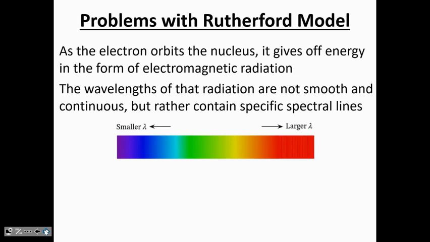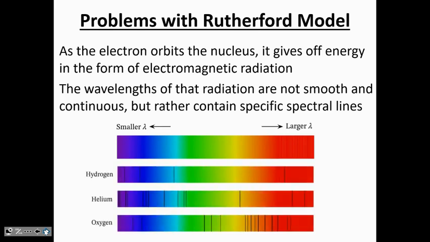If that electron could exist anywhere, if it didn't have a specific energy level to be stuck in, it could, in theory, emit electromagnetic radiation of all wavelengths, a continuous or smooth spectrum, which would look like all of the colors of the rainbow. But that, in fact, is not what we see.